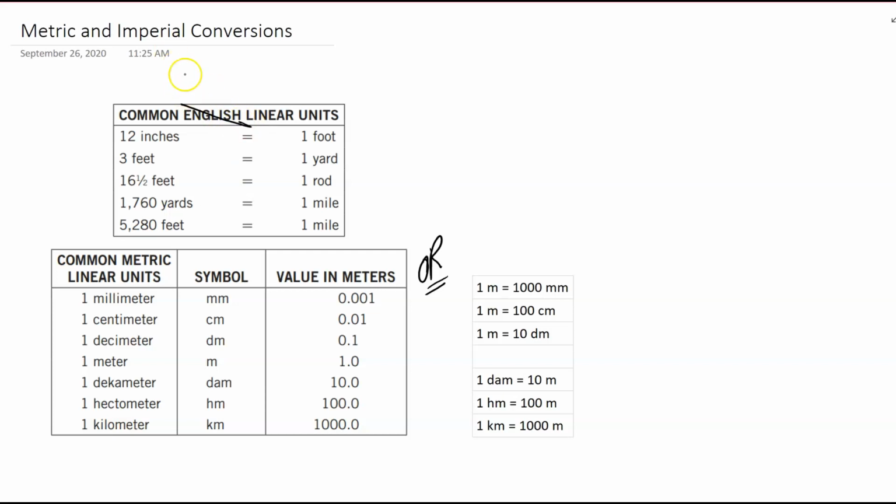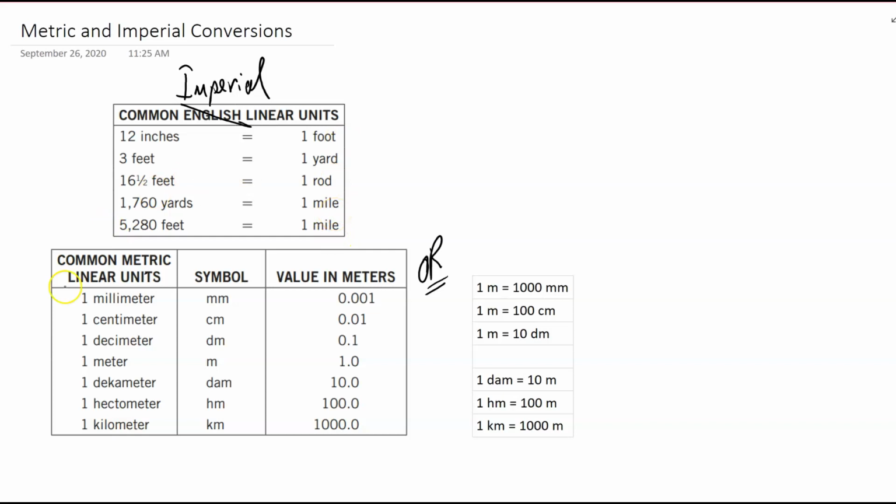We're going to refer to this as imperial. All right. And then there's metric. Okay. So the imperial units are inches, feet, yards, rods, and miles. And so there are some equivalent amounts for each of those.